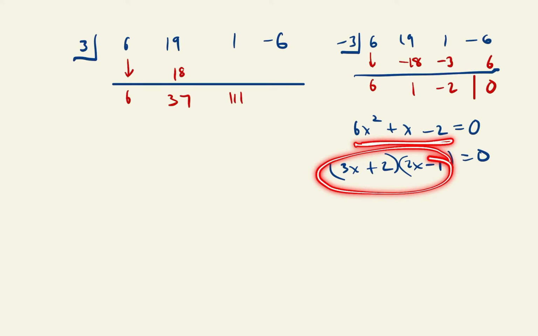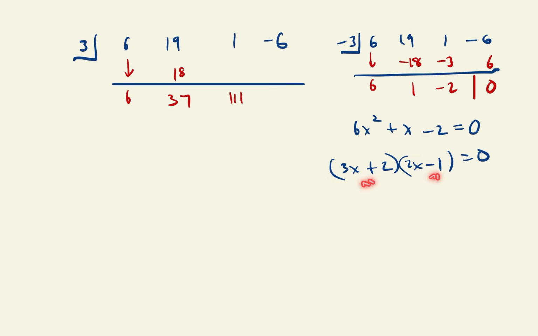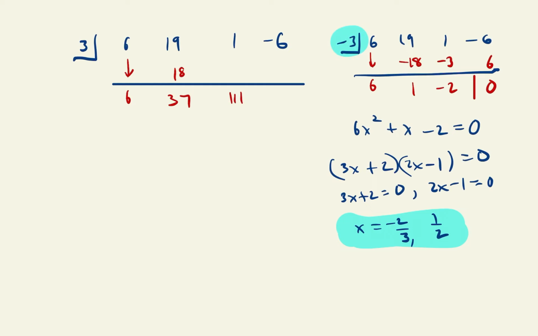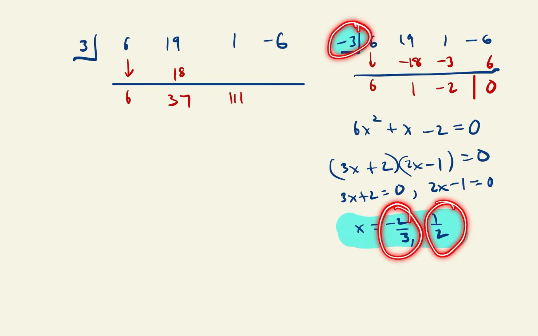So 4 positive minus 3. And this is going to give us this. If you were to multiply these two factors out, you can confirm that. And now the 2 extra zeros are going to be, when we solve these two factors, x equals -2/3 and x equals +1/2. So those are the other two zeros.